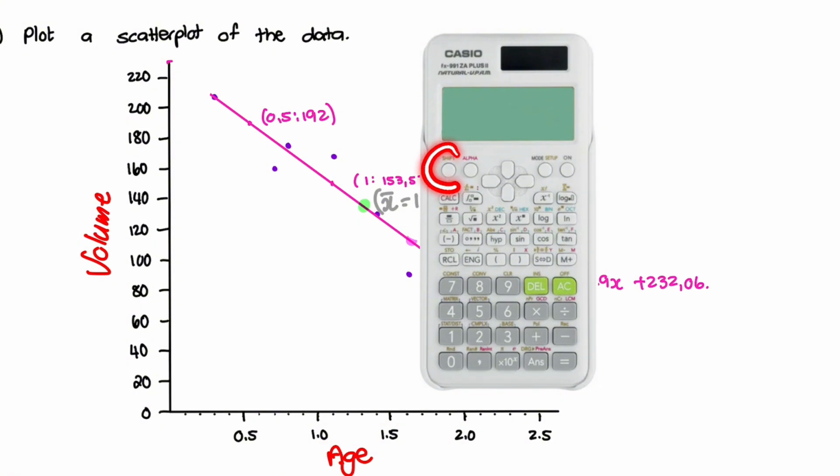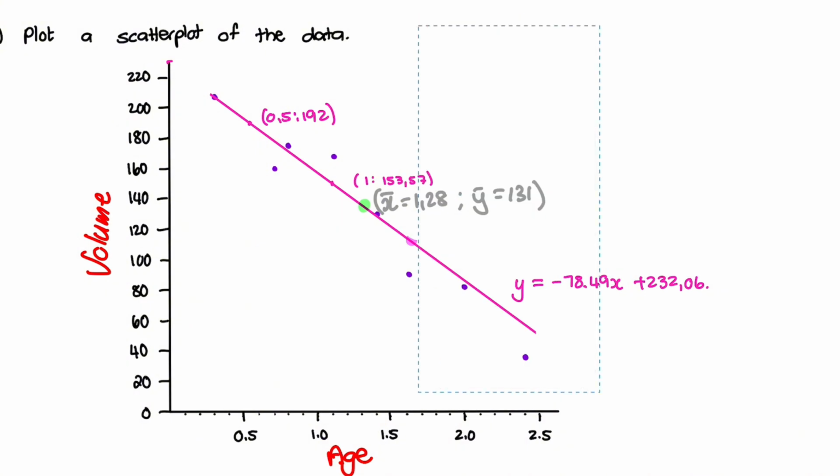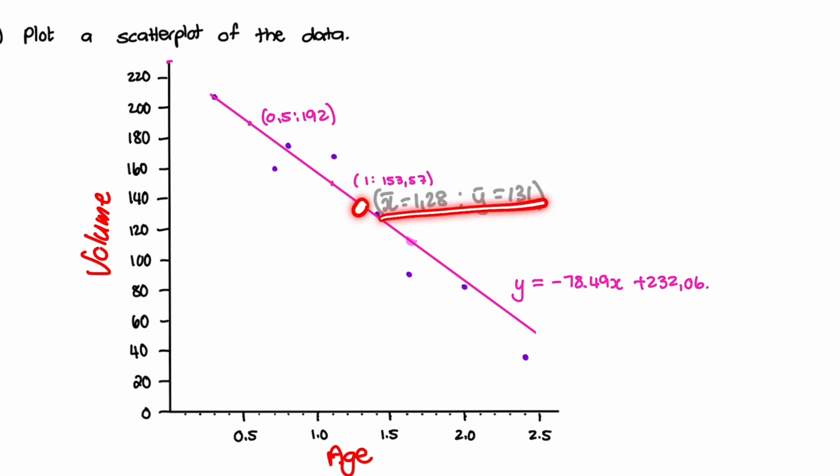So if you press Shift and 1, your few options will pop up, and you can navigate to 1-Var, and you'll have options that say x with a line, that represents the mean of the x values, and y with a line, and that represents the mean of the y values. So you can use one reference point, for example 0.5, and the mean for the x and y values.